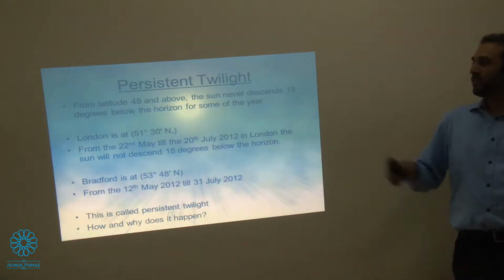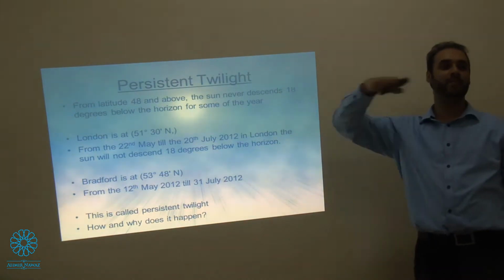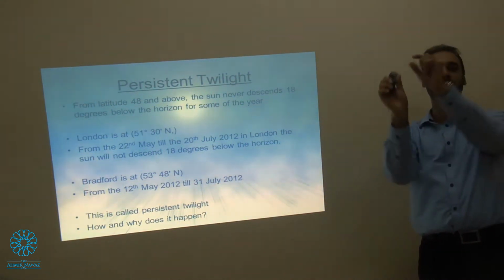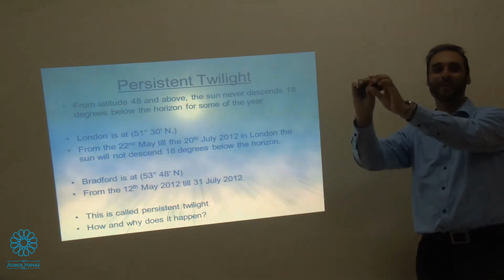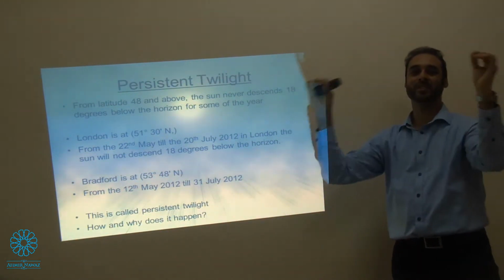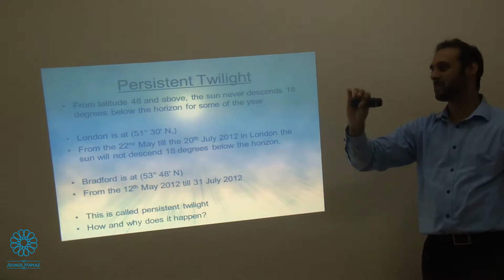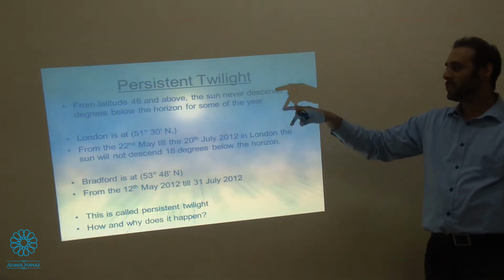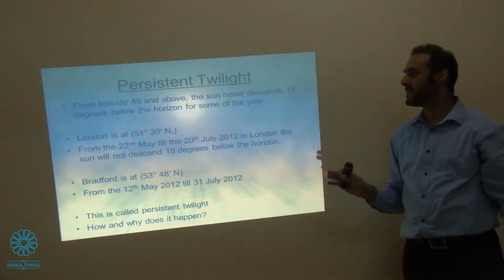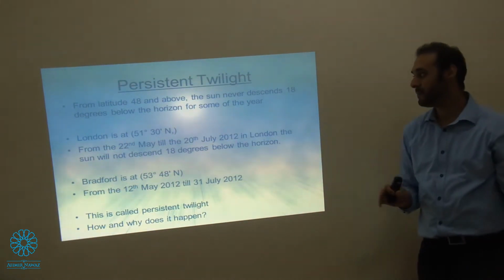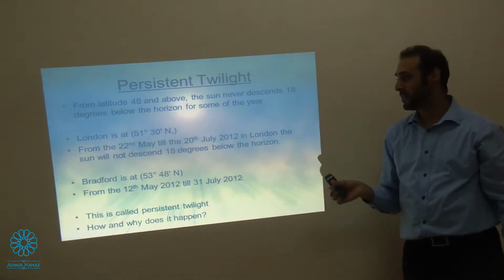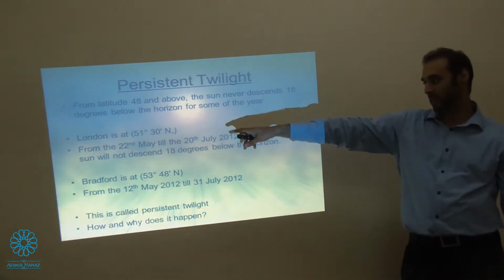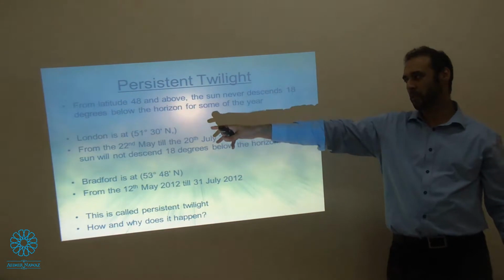So from latitude 48, which is somewhere in France, and above, the sun never descends 18 degrees below the horizon for some parts of the year. Now London is at 51 degrees 34 seconds, or is it minutes?